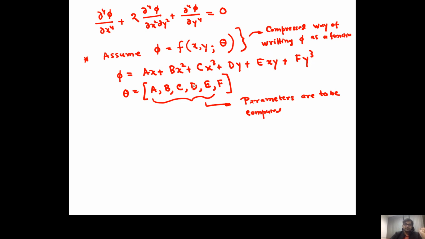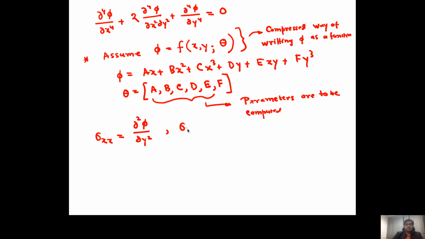So we assume this phi, and then once you have this phi, we can find out sigma xx, which will be del 2 phi by del y2.